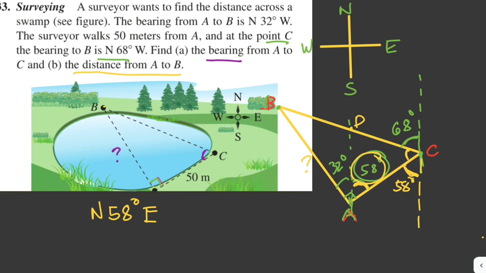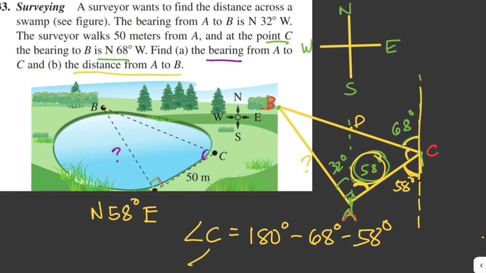So if this is 58 degrees and this is 68 and this is a straight line, that means angle C is just equal to 180 minus 68 minus 58 degrees. So angle C is just equal to 54 degrees.